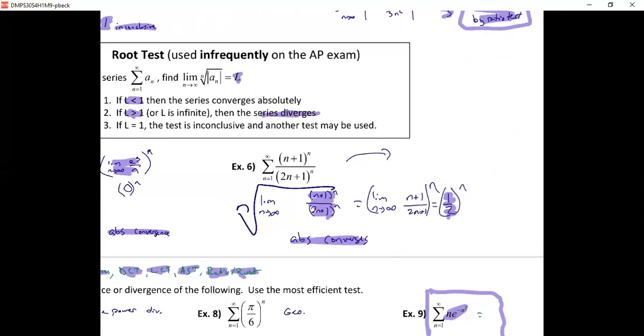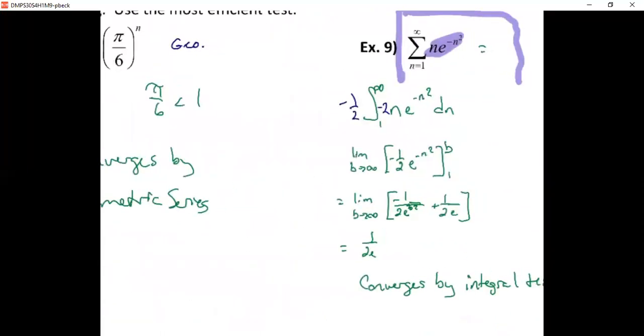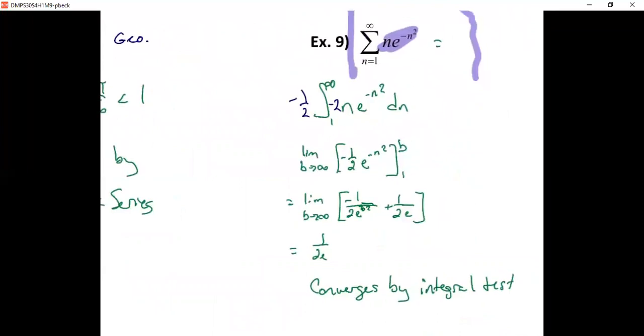And since it's very integrable, that's set up beautifully for us to do the integral test. So that's what I did. I included my scalar on that. So I integrated through u substitution and then took the limit as b approaches infinity from 1 to b. Since that has an actual limit, since this has a value, we know that we have convergence by the integral test.